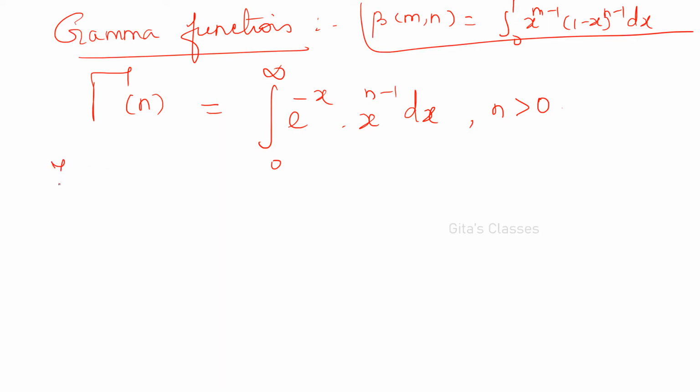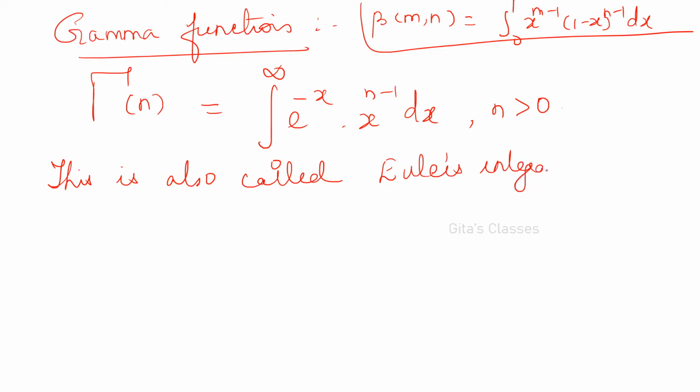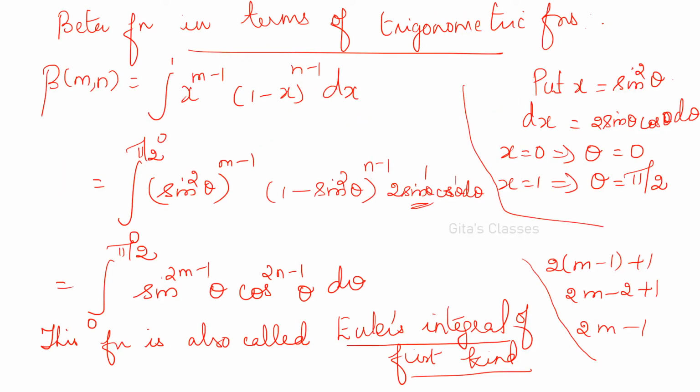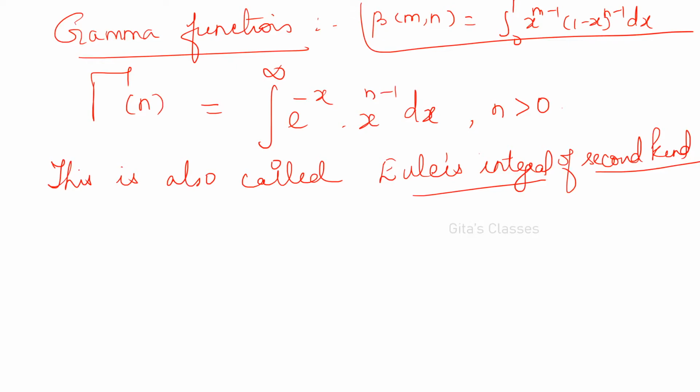This gamma function is also called Euler's integral of second kind. The first one is this one, the beta function.